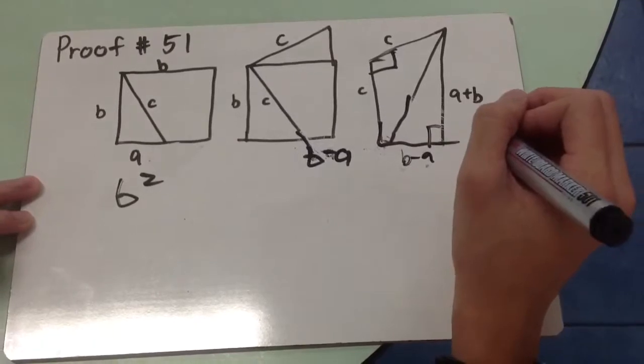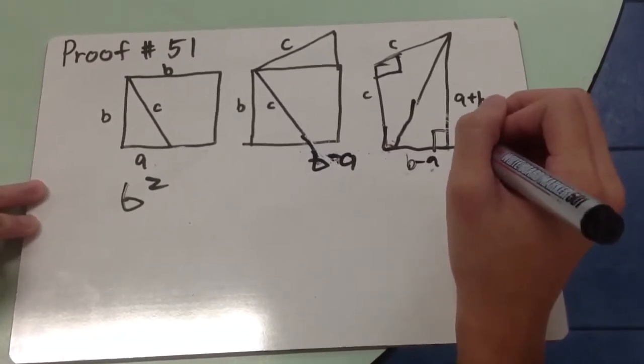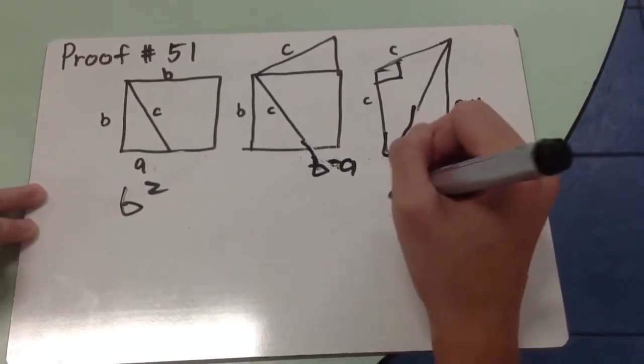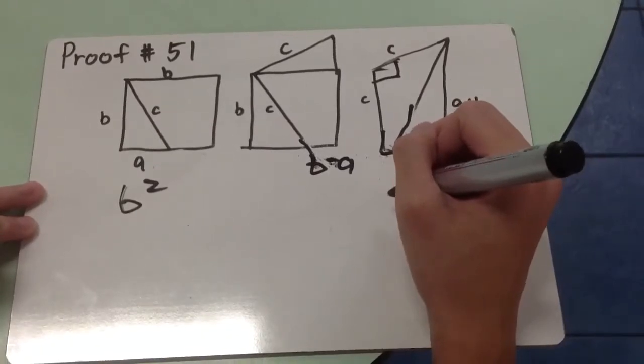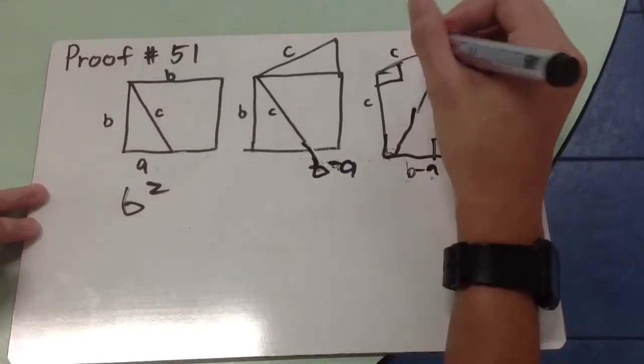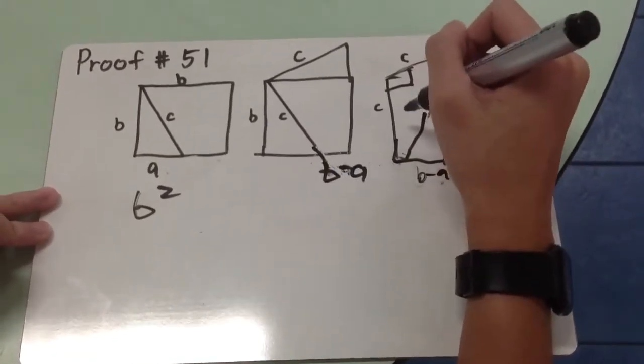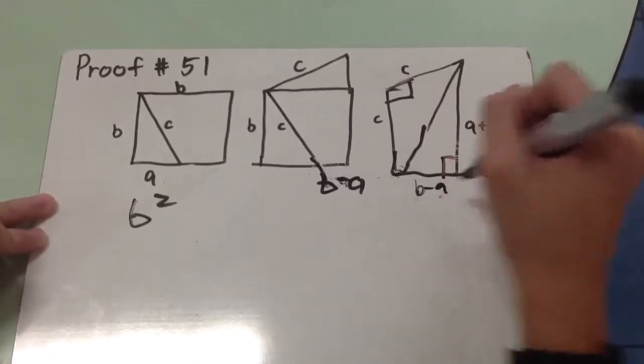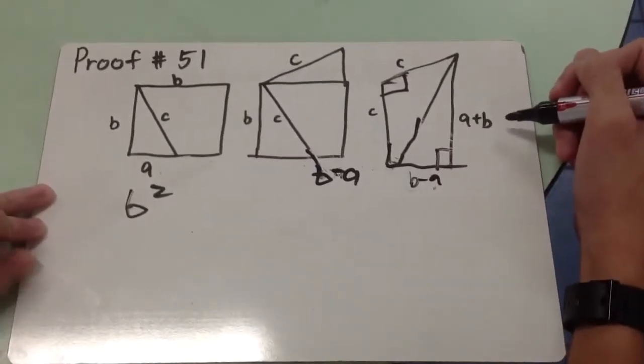The resulting shape of area b squared is then dissected into two right triangles with side lengths c and c, and b minus a and a plus b.